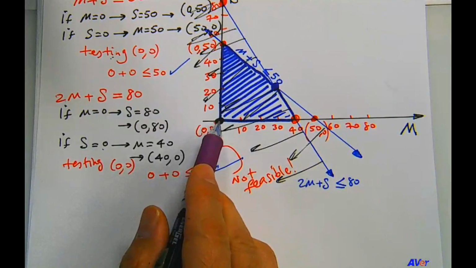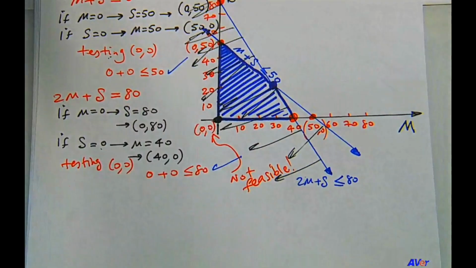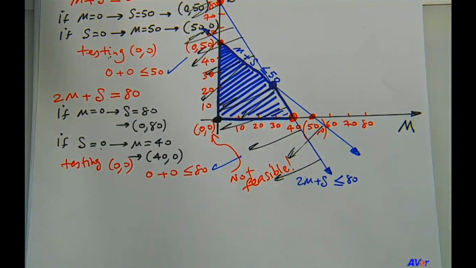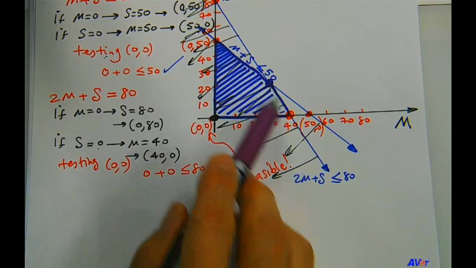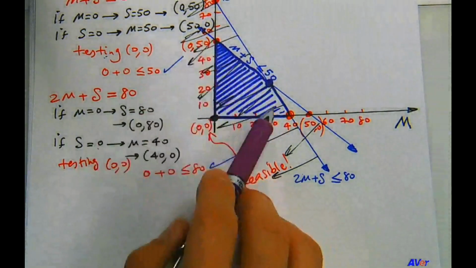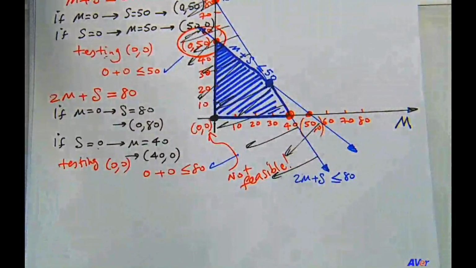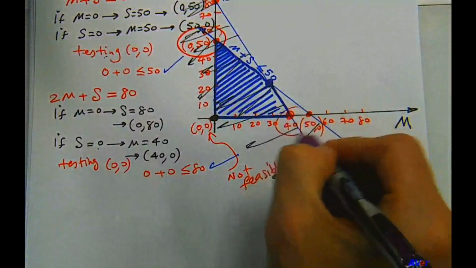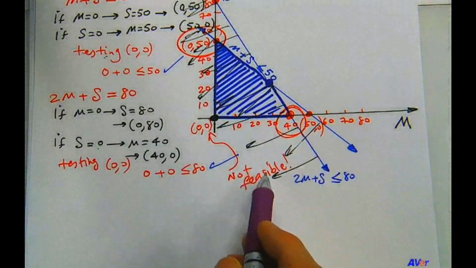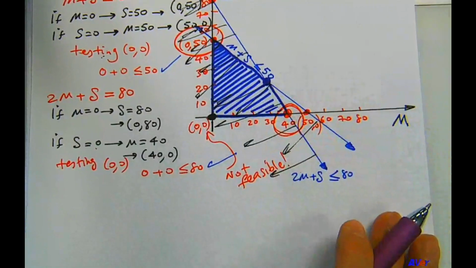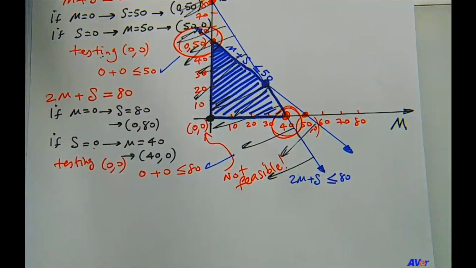So we can toss that corner point out when we optimize our revenue function. So we are left with only 3 corner points, right? This one we already know, it's 0 comma 50. This one we know is 40 comma 0. But this one we don't know what the coordinates are, right? So we have to find that.